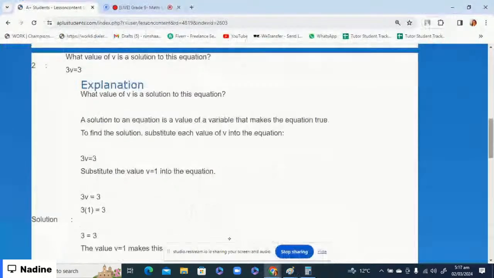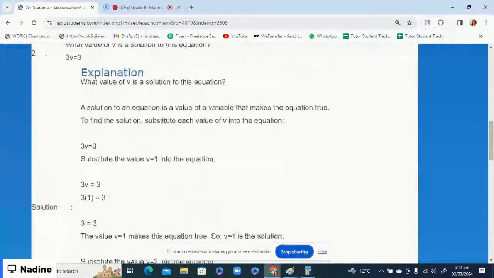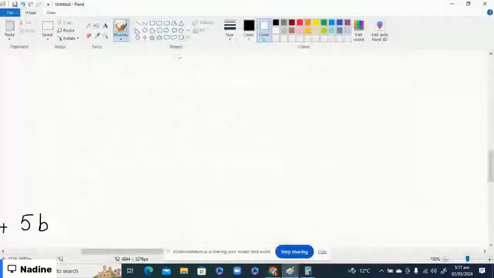3v is equal to 3. If some numbers are added or subtracted on the left side and you want to move them, you need to memorize this. When you move a positive number from left to right or right to left, it becomes minus.